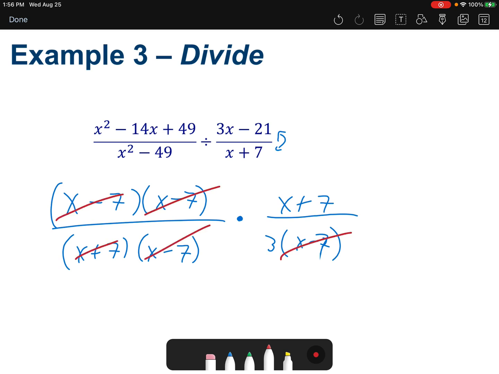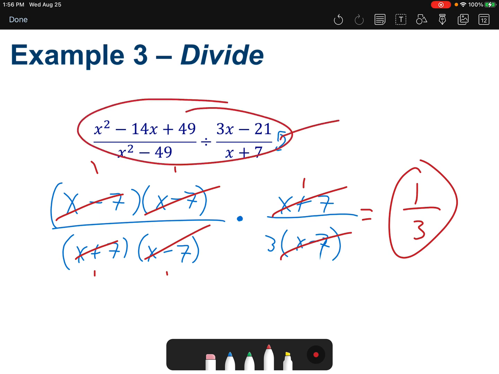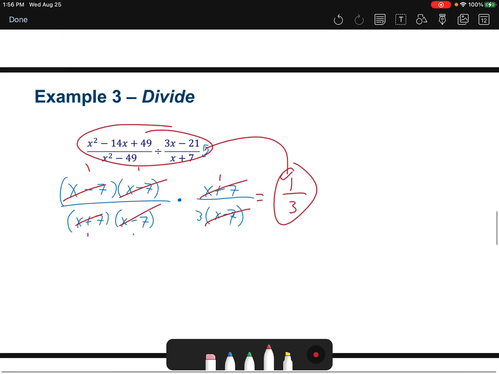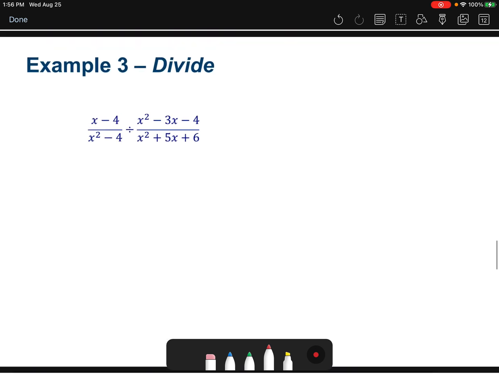Those two cancel, those two cancel. We're left with 1 over 3, because those are all 1s. So 1/3. So all of this becomes 1/3. Pretty awesome. So that's how we divide rationals.